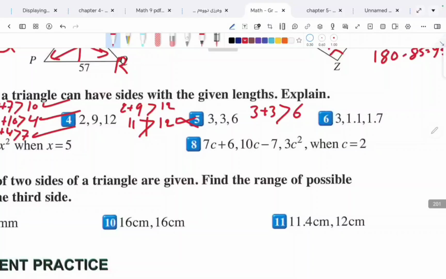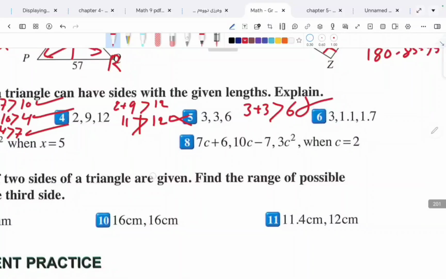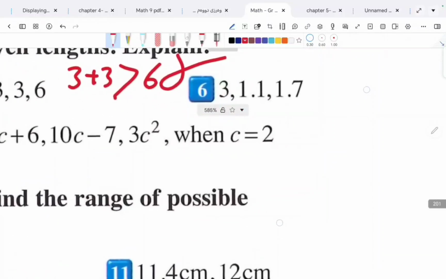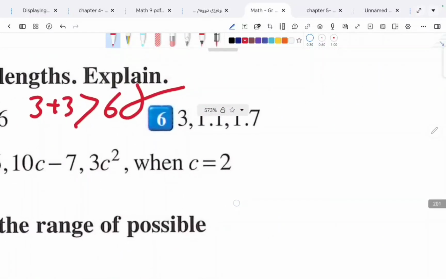No, it's equal to 6, but it has to be greater than 6. That's why it's not correct too. If you can do it by mental math, just add the two smallest numbers, and if the sum is greater than the third side, it will be correct for all of them. But if you don't know, check all of them together.